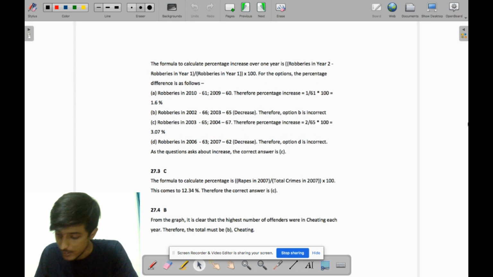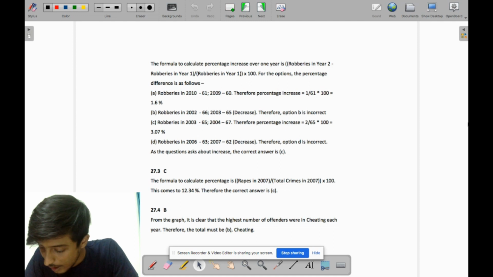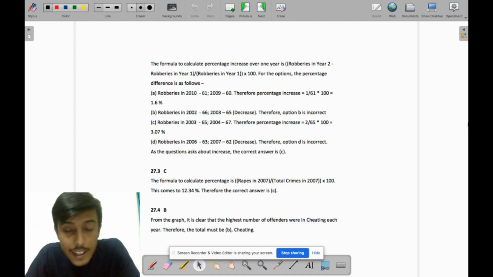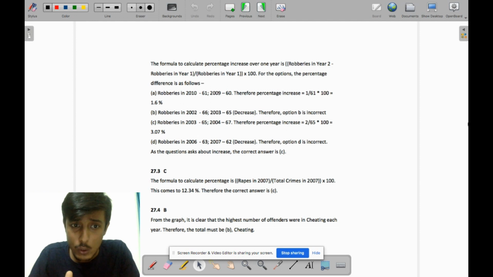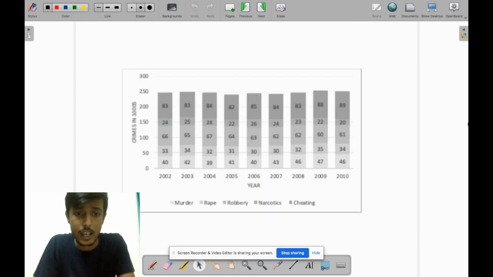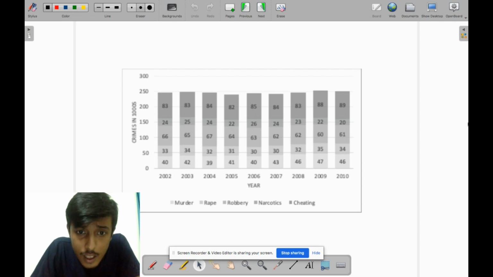The next question is, in which year did the number of robberies have the highest percentage increase across 2 successive years? That means it is talking about the highest successive increase in percentage. But I think it's quite simple because in 2 of the options, as you can see, B and D, you can come back to here and look at the robberies.